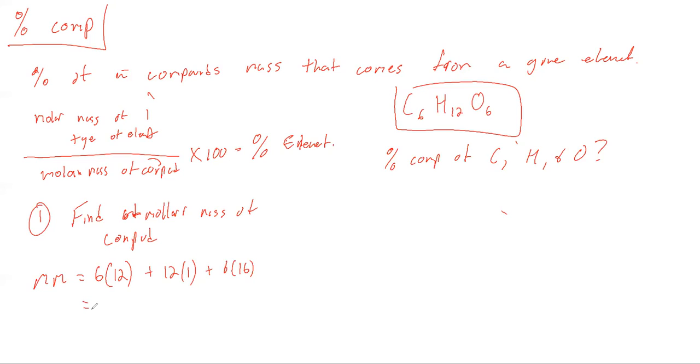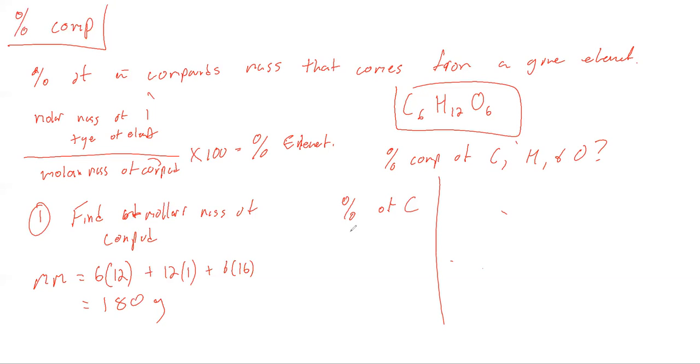When we add all these up together, we find that the total molar mass is going to be equal to about 180 grams. So that's going to be our molar mass of the whole compound. Now I want to find out what the percent composition is. To find the percent composition of carbon, I want to take the molar mass of all of the carbons in this compound.